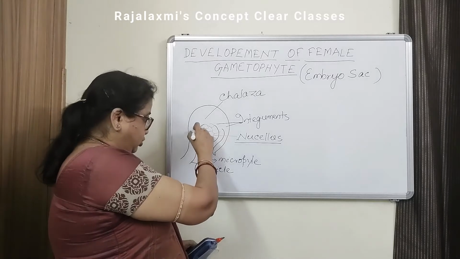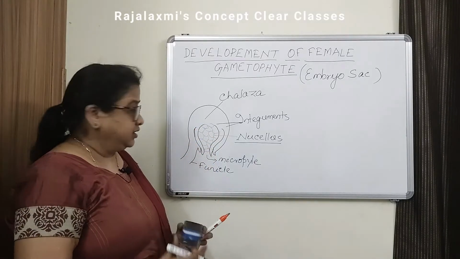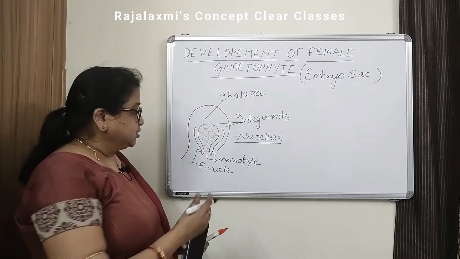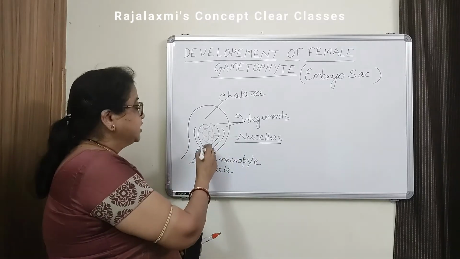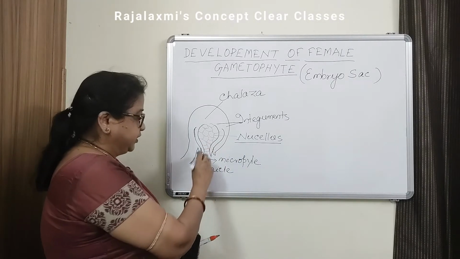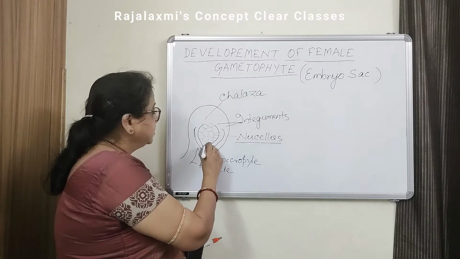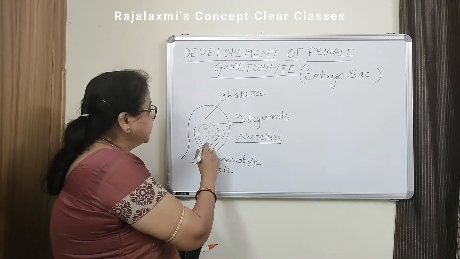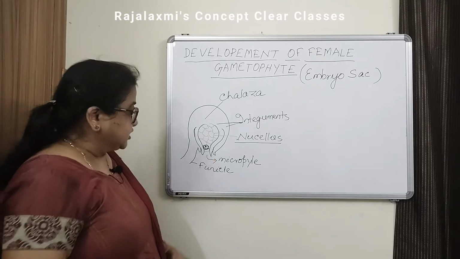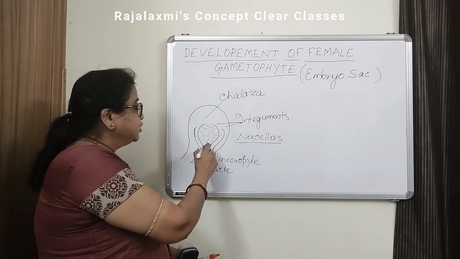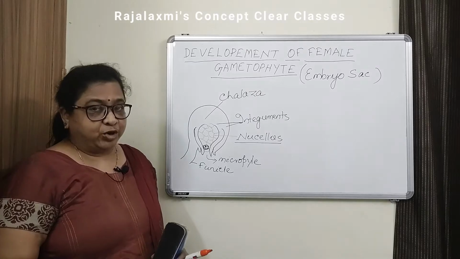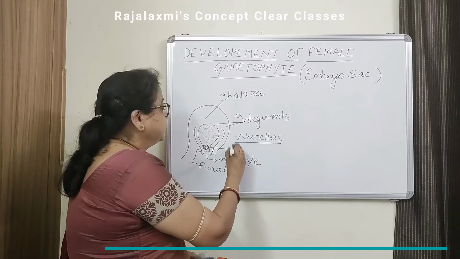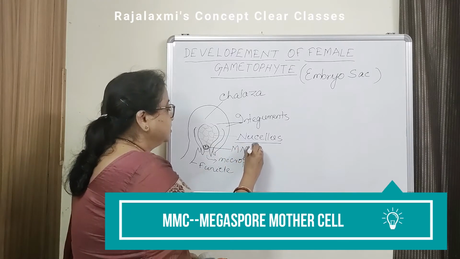When the ovule is young, all the cells of this nucellus are similar. But as the ovule grows, a single cell towards the micropyle, suppose this cell, becomes distinct with dense cytoplasm and a prominent nucleus, and this cell is known as megaspore mother cell.